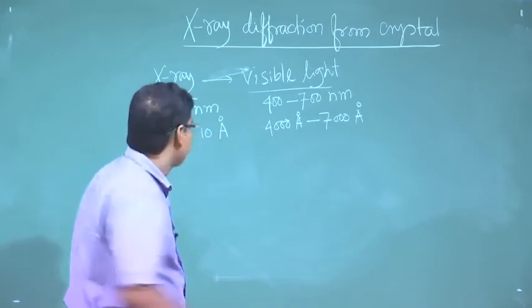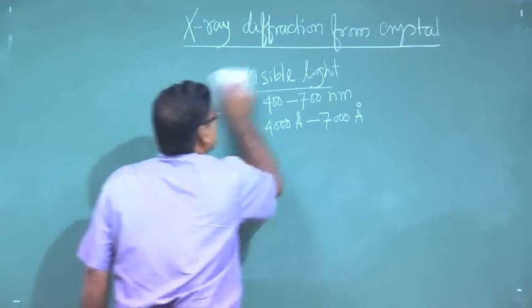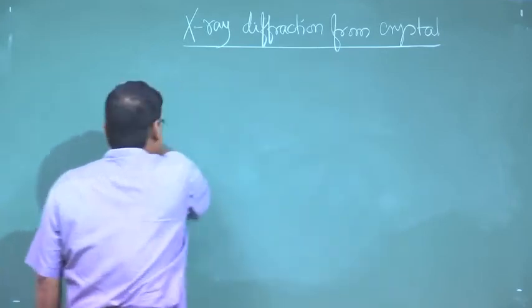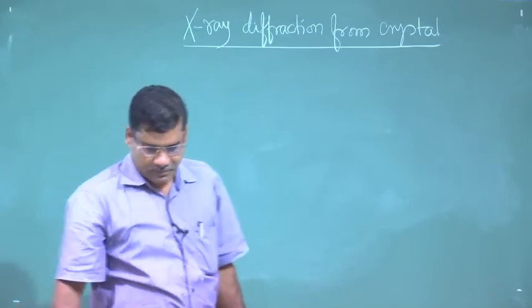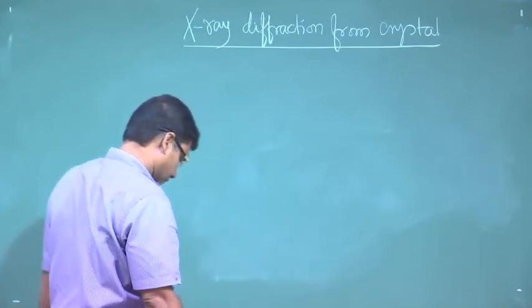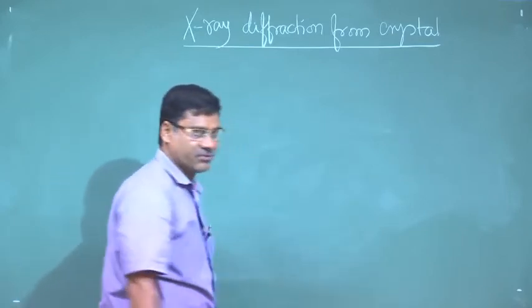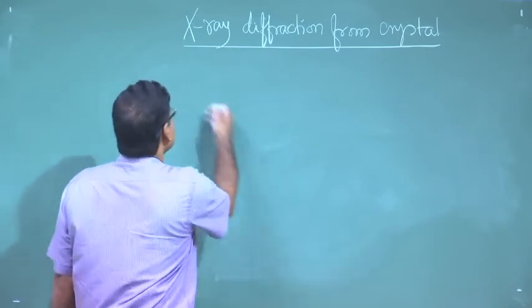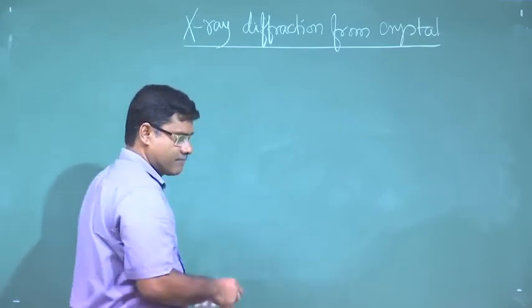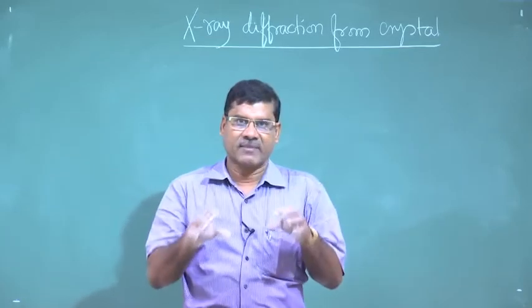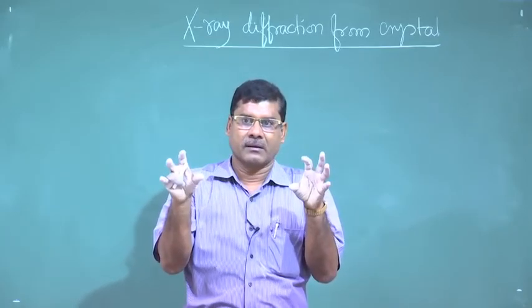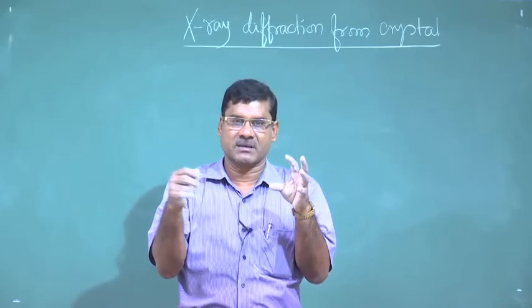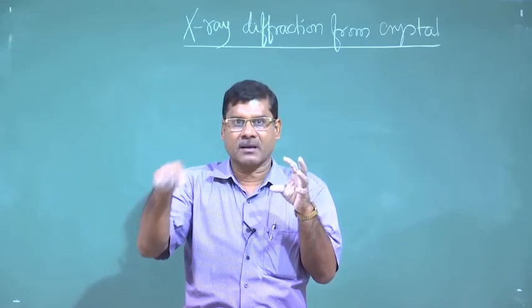In the X-ray machine, basically we have an X-ray tube. It's an X-ray tube means it's a vacuum tube, means air is taken out from that tube, right.